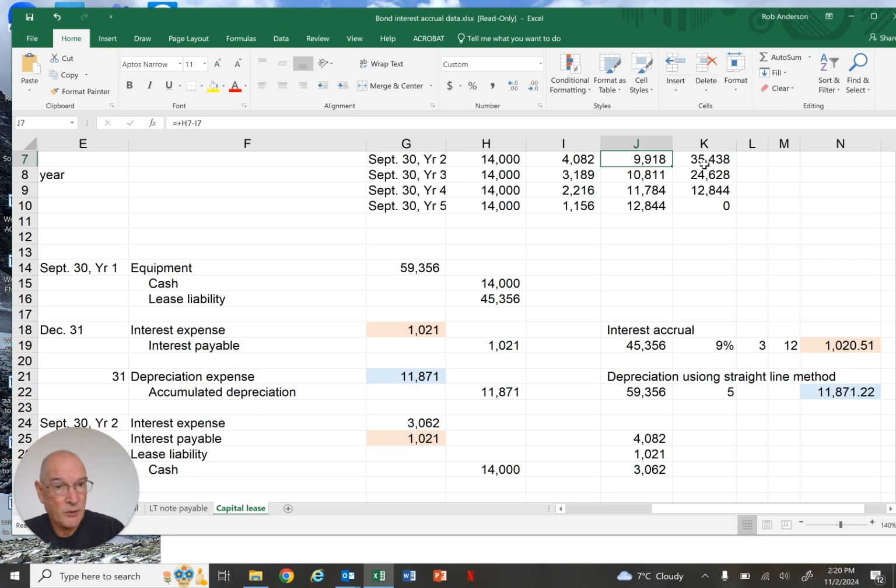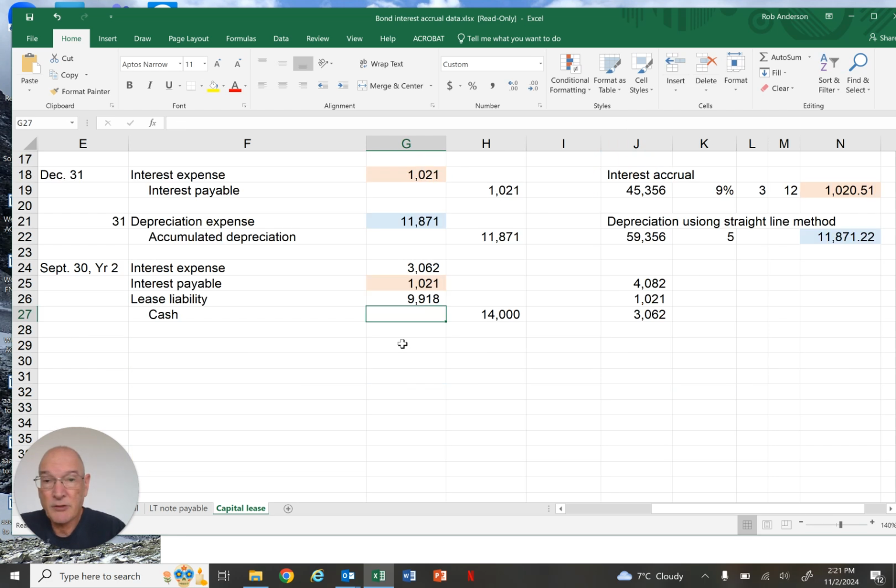So your lease liability, notice on this table, is going down to 0. So I've got to debit my lease liability to reduce a liability. So what I want to do is put in my 9,918, which is the reduction of your lease liability.